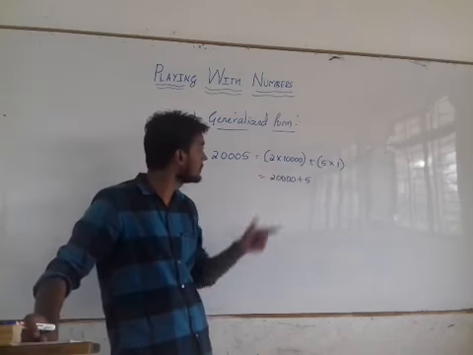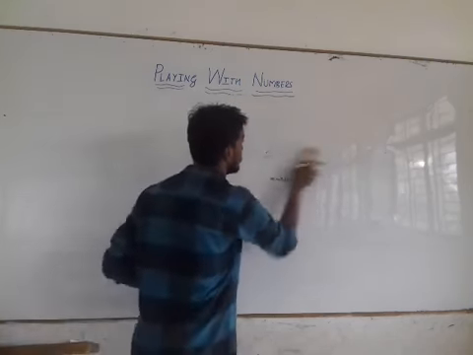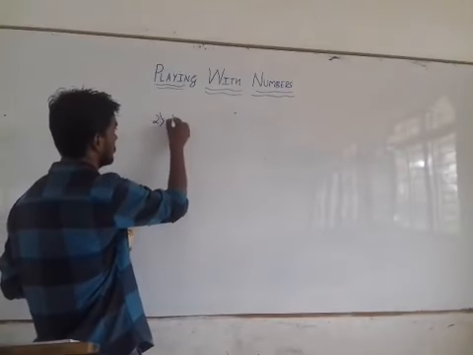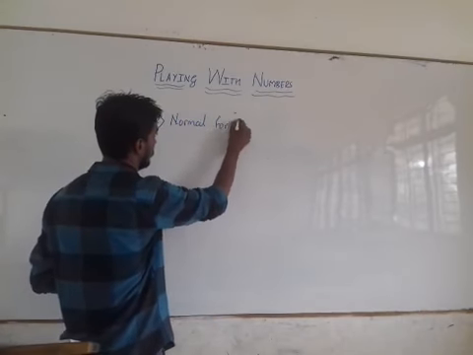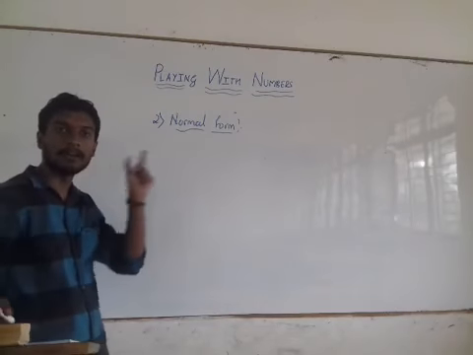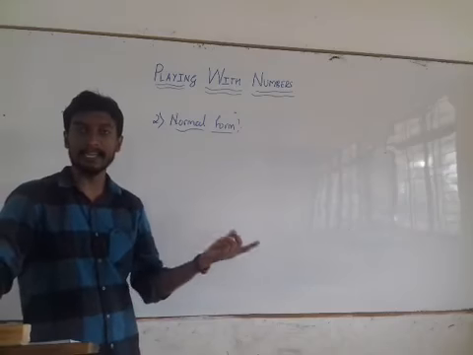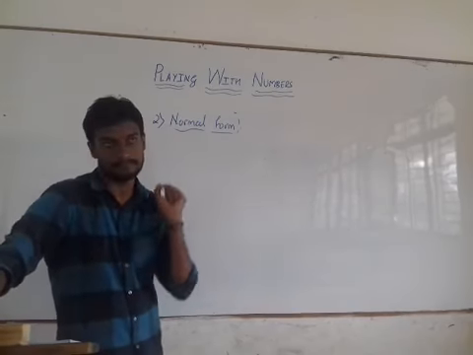So next we go for the normal form. Next we discuss the normal form. Normal form is a way to write very large or very small numbers in a more compact form.